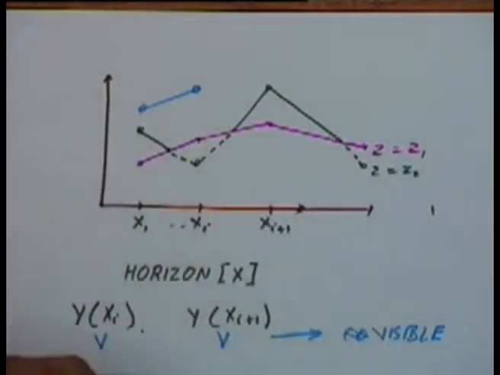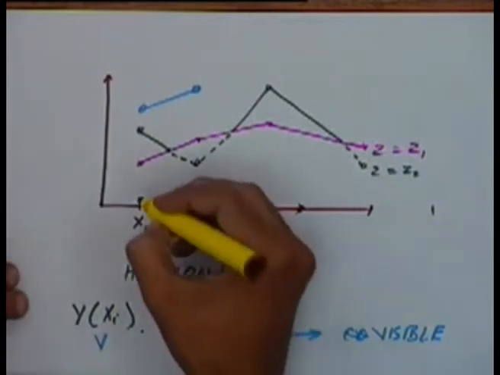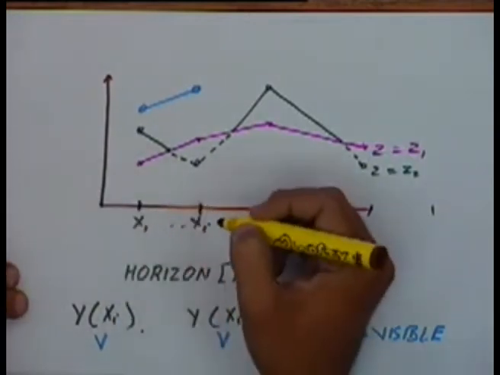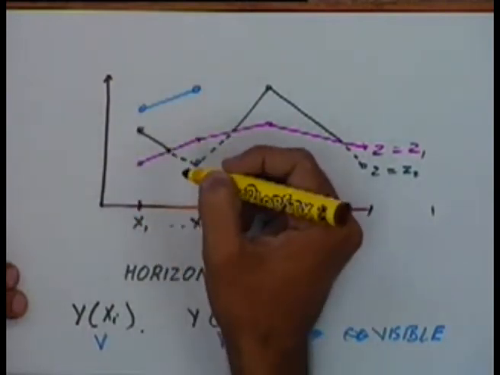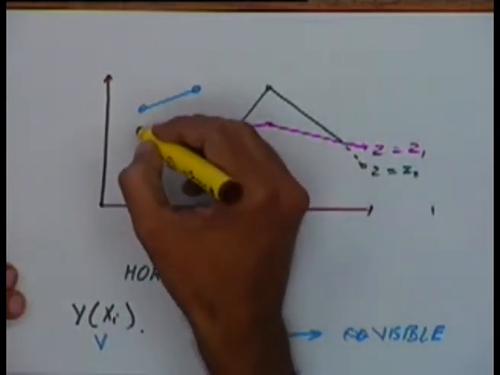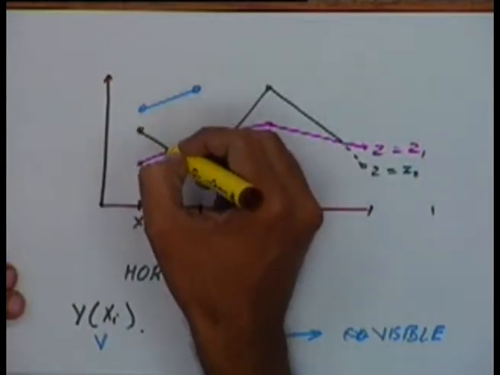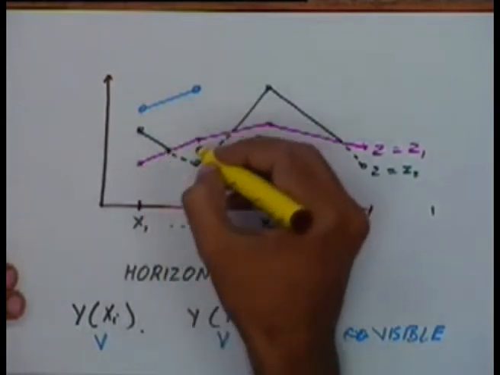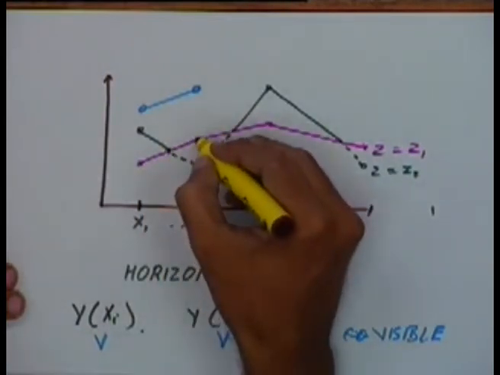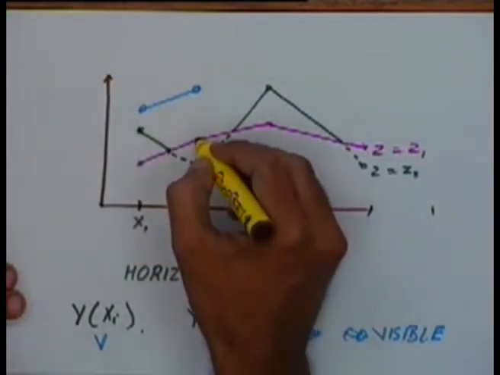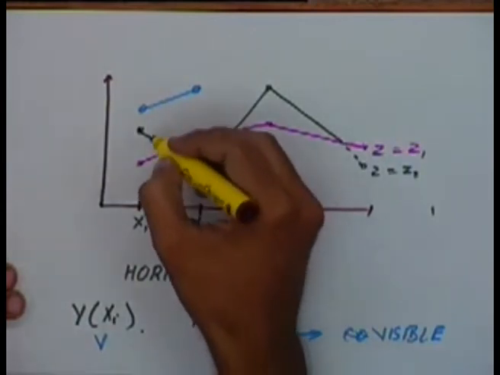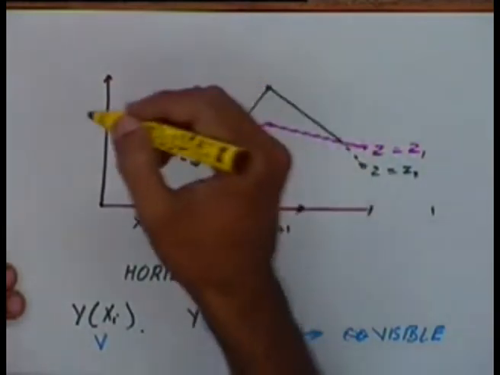Earlier my data points I was taking them at this level and at this level, but after this intersection my data point will also have to be taken here. The horizon in this portion can be found out by linear interpolation, and between this portion also it can be found out by linear interpolation, but I cannot just take the horizon here and the horizon here. So I'll have to add this to the data point and then proceed from that point.